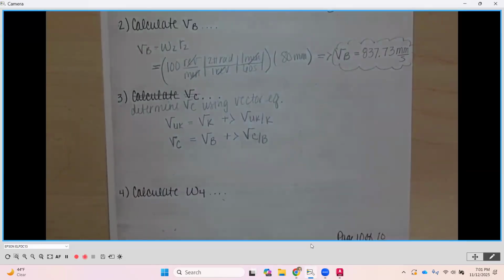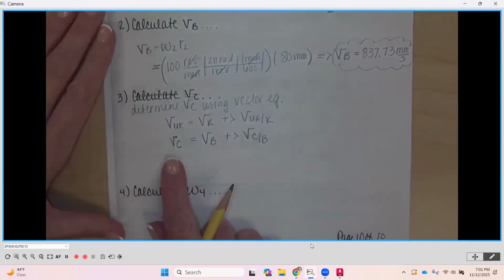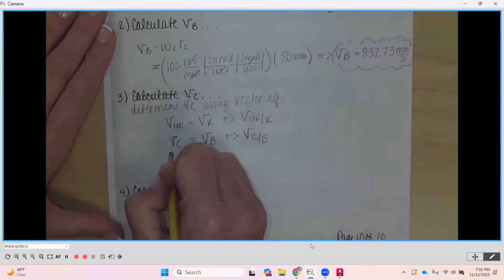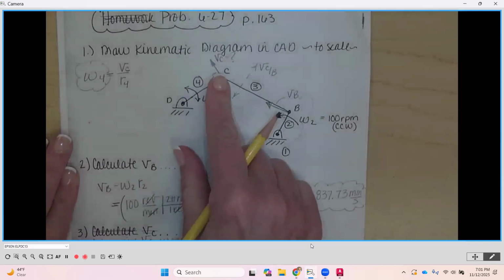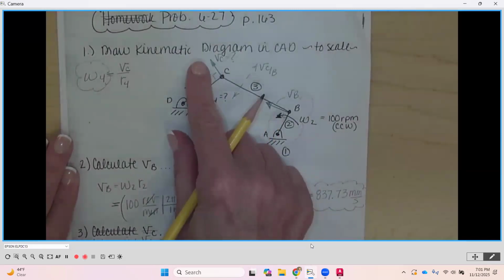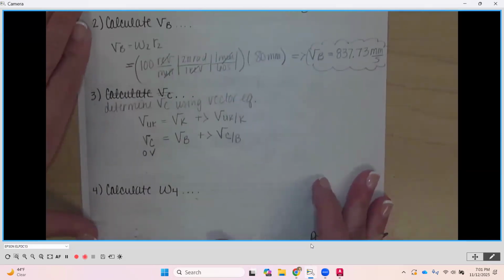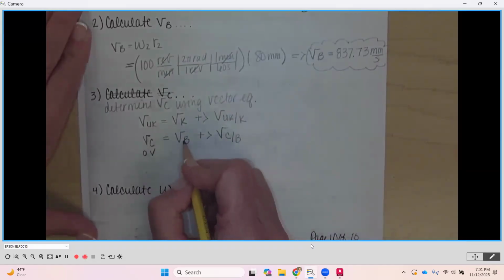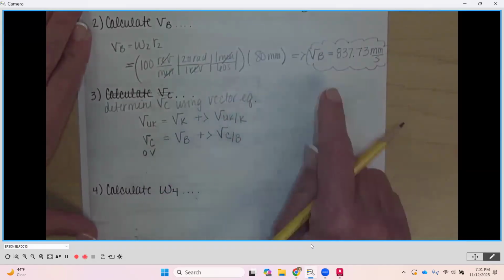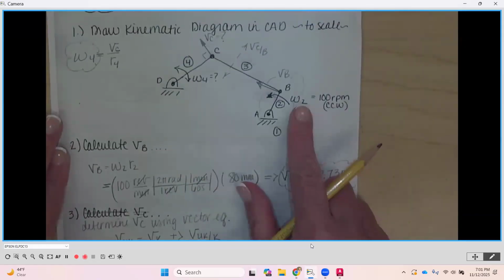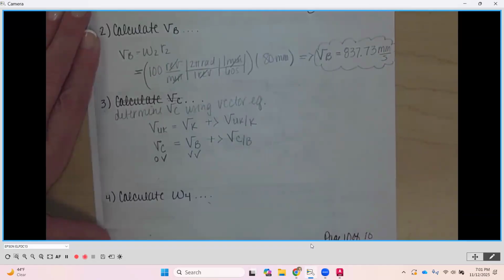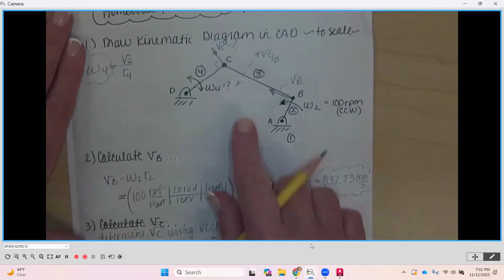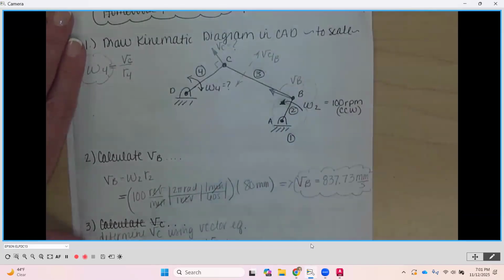Now let's look at what we know and what we do not know. We don't know the magnitude of C, but we do know its direction. Its direction is going to be perpendicular to link number 4 in the direction of rotation. Velocity B, we know its magnitude and we know its direction, so fully defined, 2 check marks. And then the velocity of C relative to B, we know its direction, we don't know its magnitude.